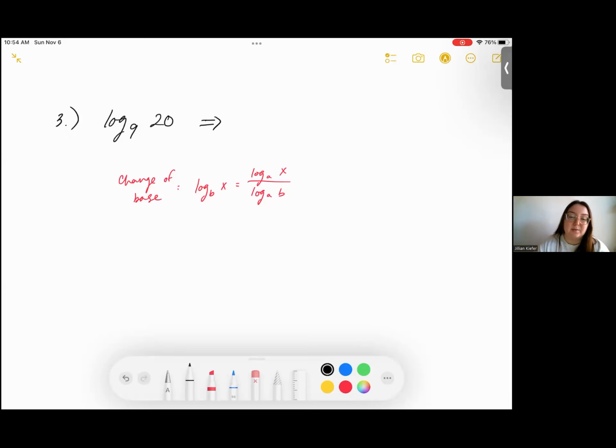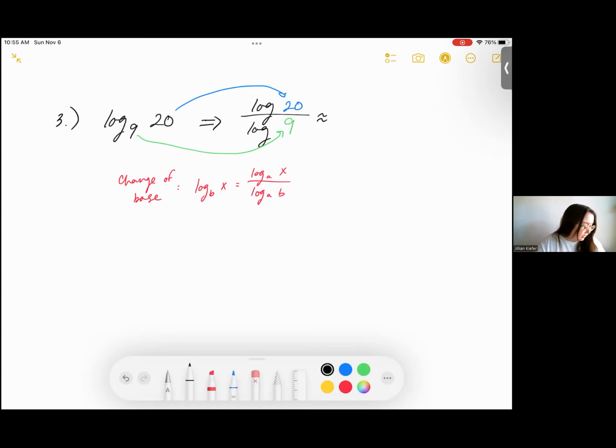In our case, we could pick log base 10 to start off with, which is just the common logarithm, so we would just write log instead. And we see that this 20 comes up here, and the 9 goes down below. So we had log of 20 divided by log of 9.